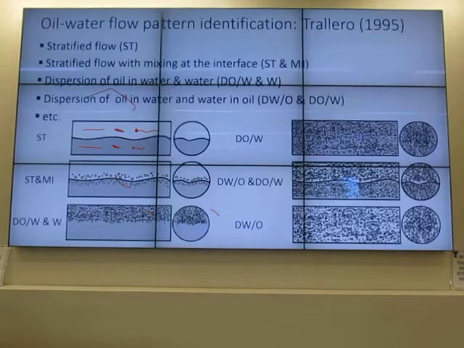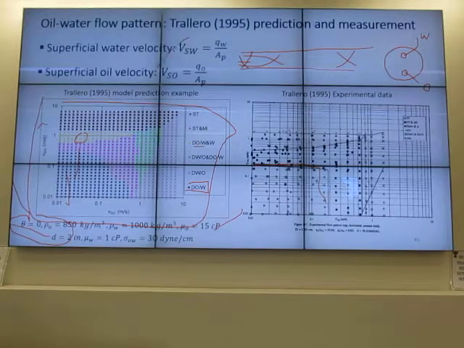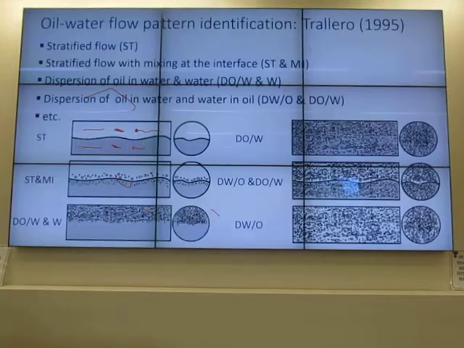Given that we start at the same superficial velocity, it should be the same? It's the same. Okay, so if we start at superficial velocity of water equal to 1 and superficial oil velocity equal to 1, so the superficial velocity is the same, and we have stratified flow, you think the actual velocity will be the same, right?